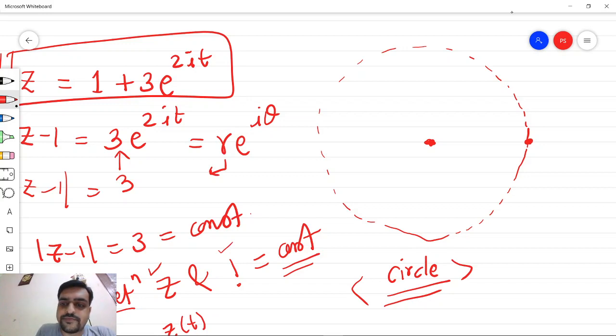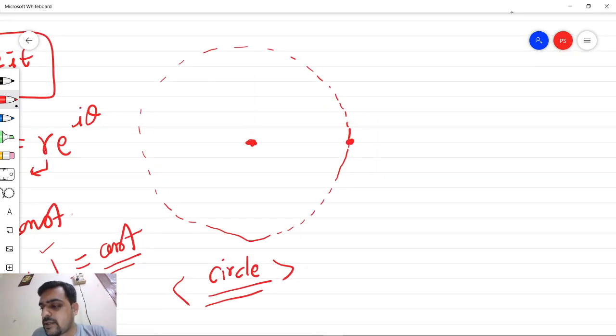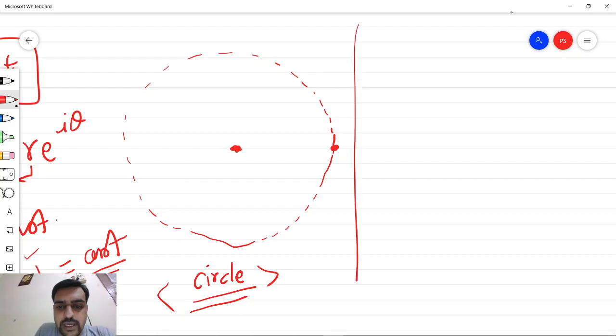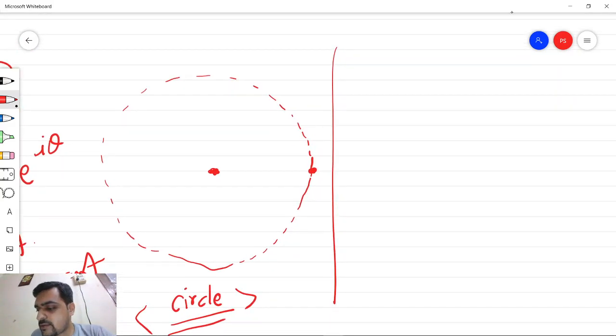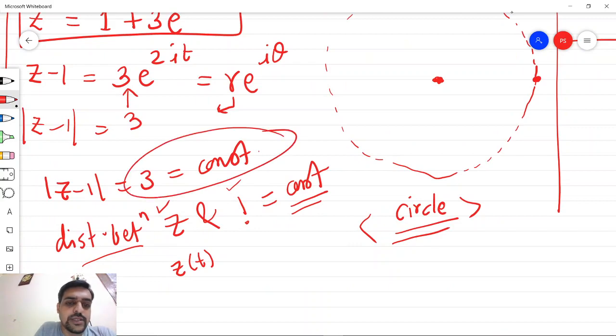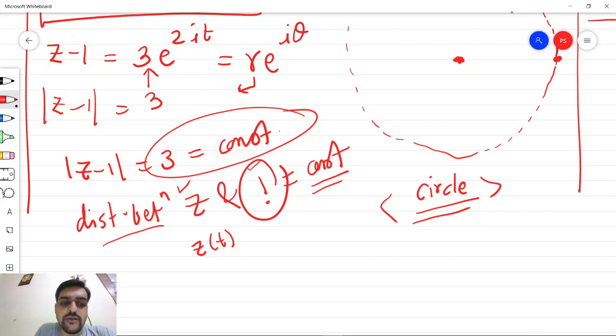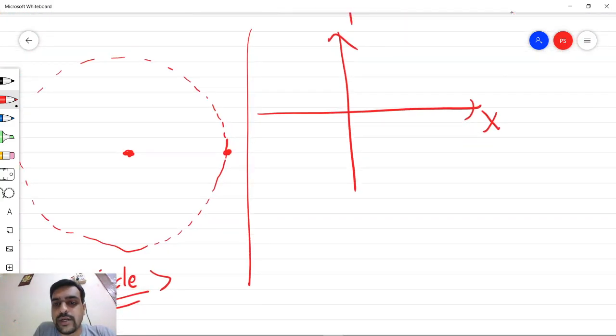Now we can fix the coordinates as discussed here. Suppose we get x and y, and remember that radius is equal to 3 units, and the center of the circle is point 1, and 1 is a real point, so it is going to be on the x-axis. So 1 2 3 4 minus 1 minus 2 minus 3, let us say.